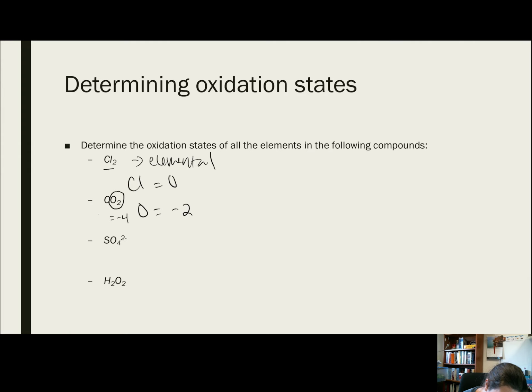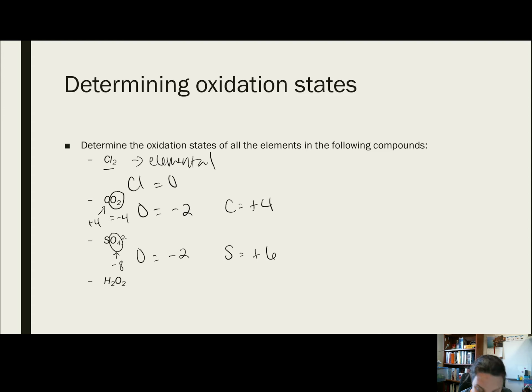So the carbon has to be +4. SO4 2-: our oxygen is taking precedence, so oxygen would be -2. This portion right here is -8, and our overall charge needs to be -2. So our sulfur here will be +6.